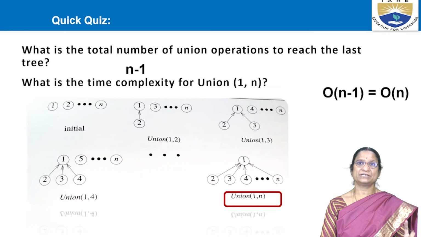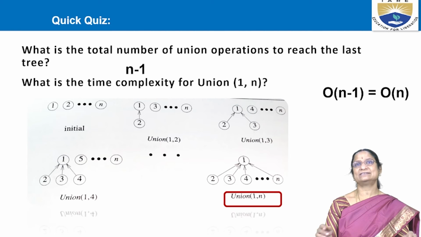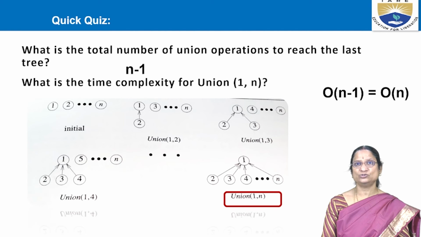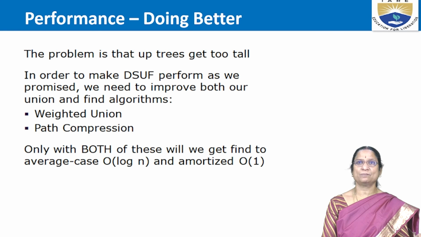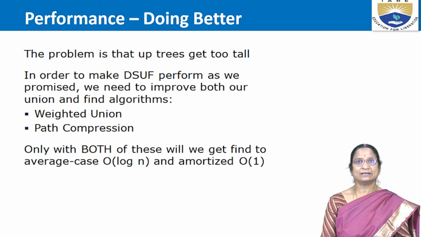A single union operation is order of 1, but to form a complete tree of n nodes, that means going from n disjoint sets to a single disjoint set, the union operations give order of n time complexity. The uptrees may sometimes become too tall, as we discussed earlier, that is, a skewed form.